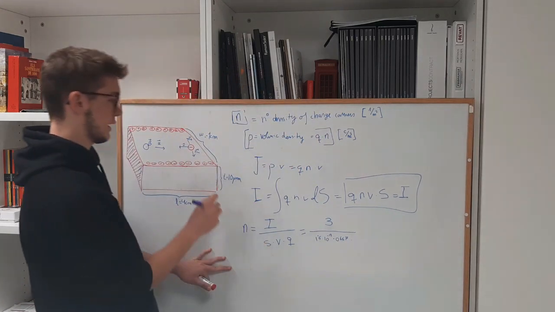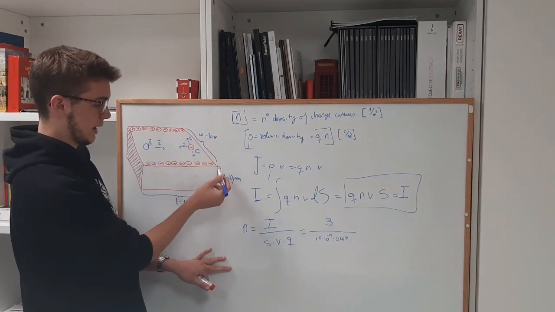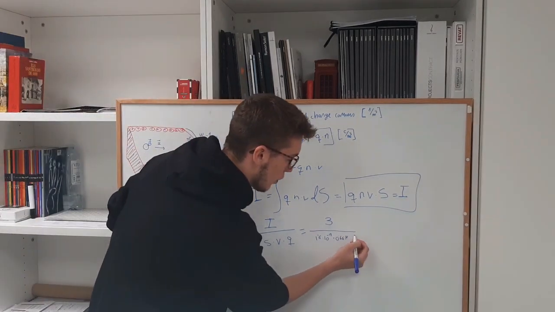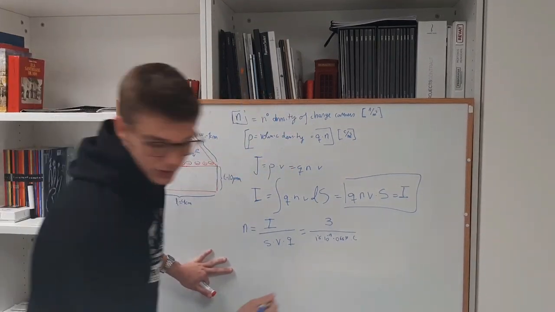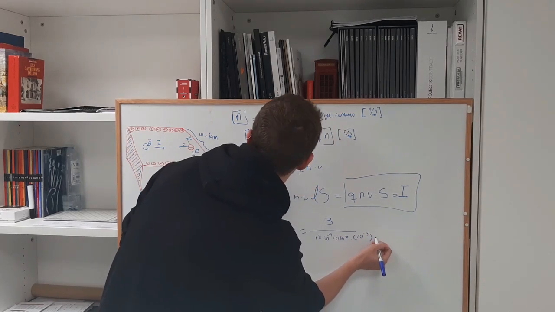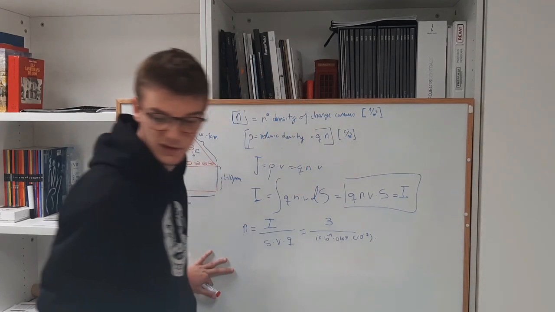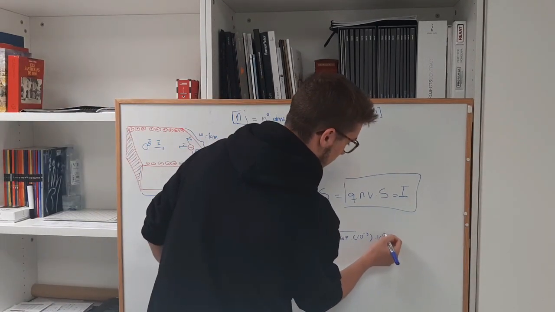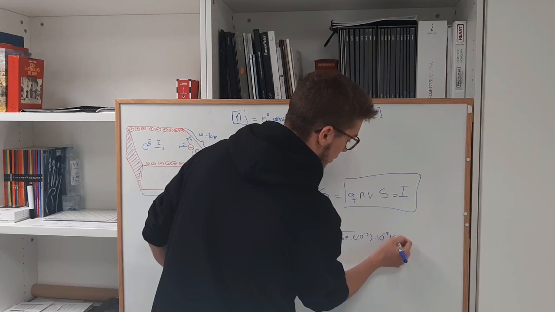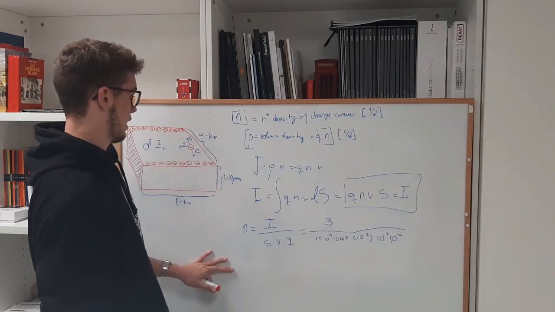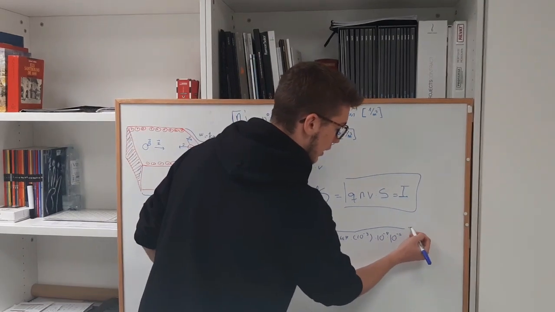And this surface, as said before, will just be 1 centimeter times 10 micrometers, which in meters will be 10 to the power of minus 2 times 10 to the power of minus 5. This will be the surface. And yeah, that's basically it.